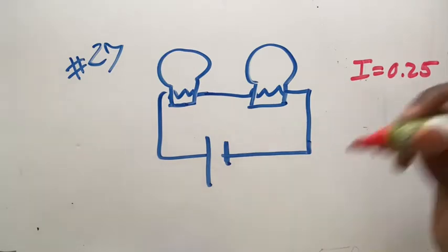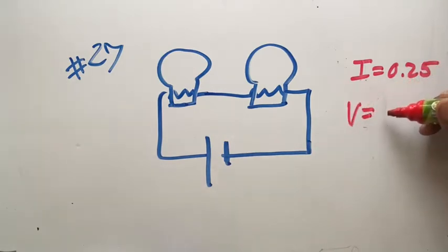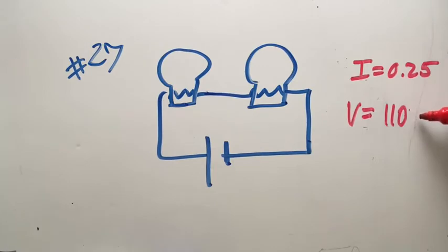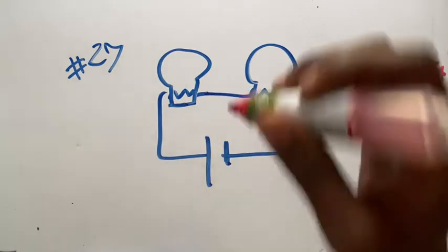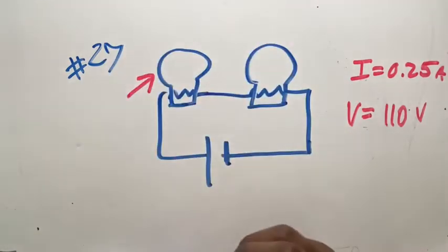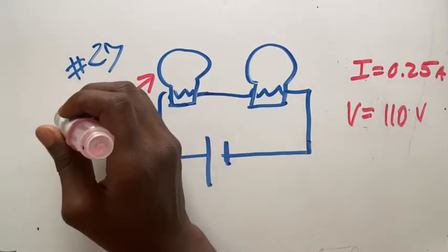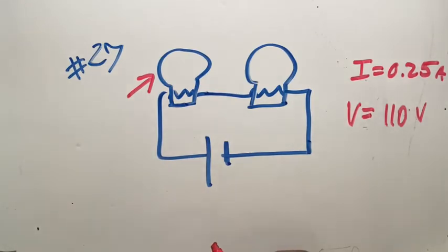And the voltage across the bulb is equal to 110. This is volts, amps. The resistance of a single light bulb is what? So we want to find the resistance of this single light bulb. Well, we know they both have the same current, right?